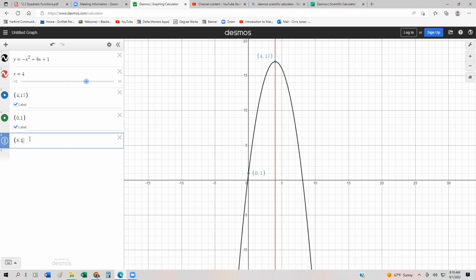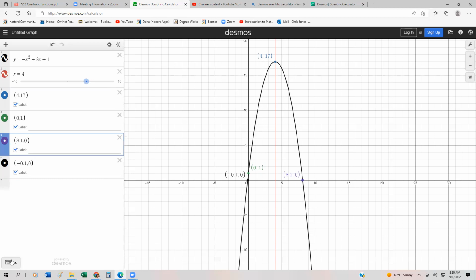So remember, we had 8.1, comma 0, and it looks like it's right here on the axis. The other one that we had was negative 0.1, comma 0. And there we go. Those points are both on the x-axis. Notice also it's concave down, and it matches up with the domain and range.